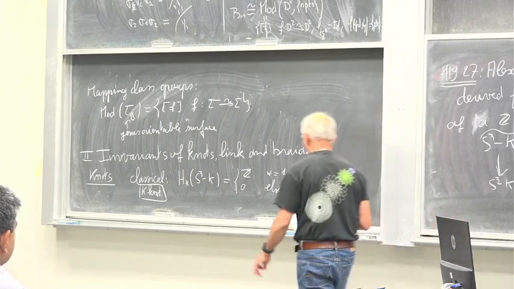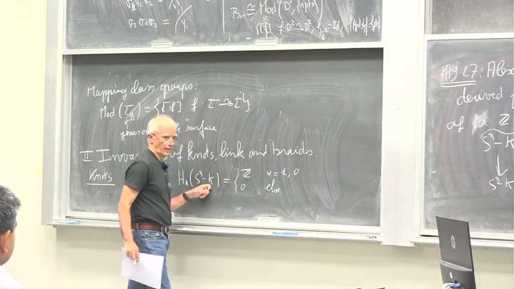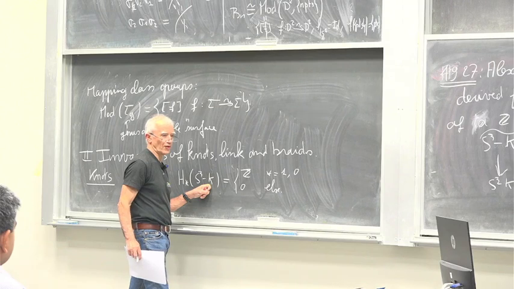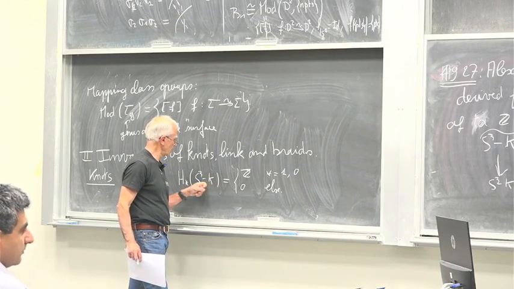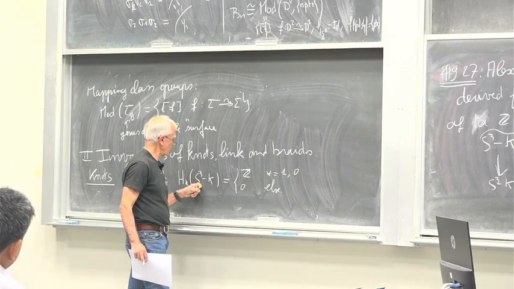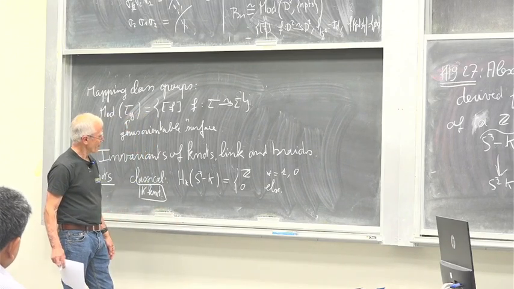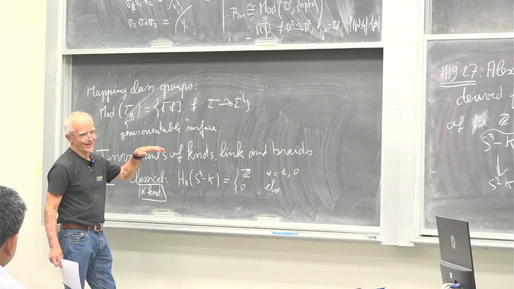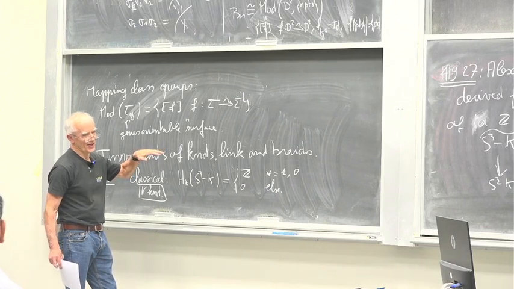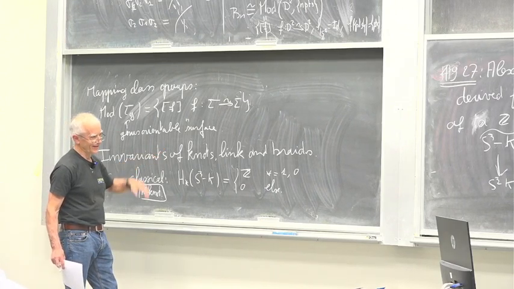No, it says S3 minus K, the complement of a knot. If I replace S3 with S2, then it will be ZK at level 1? No, because you are splitting your surface. Okay, that's right.